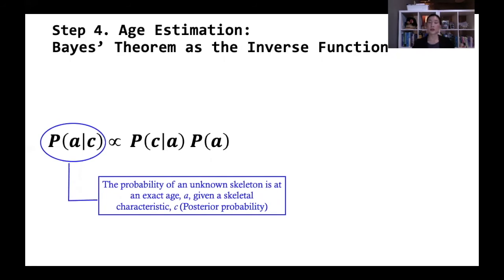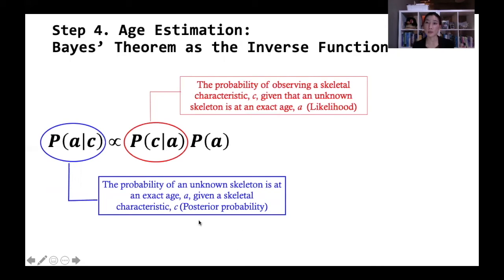The ultimate goal for us here is this: we're interested in knowing the probability that a known skeleton is at a certain age given the skeletal traits that we observe. In Bayes' terms, this is called the posterior probability.